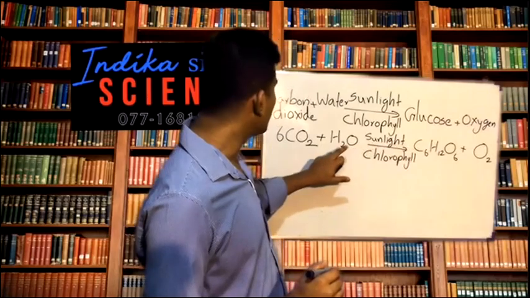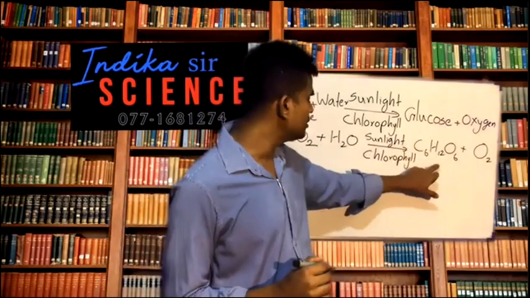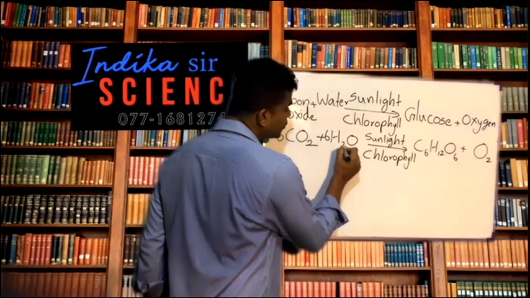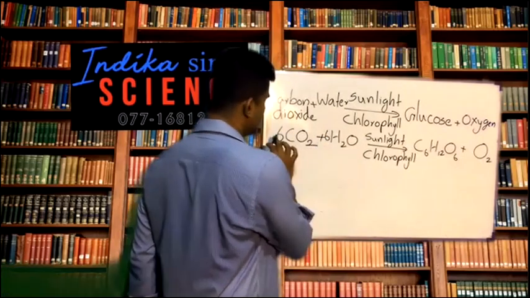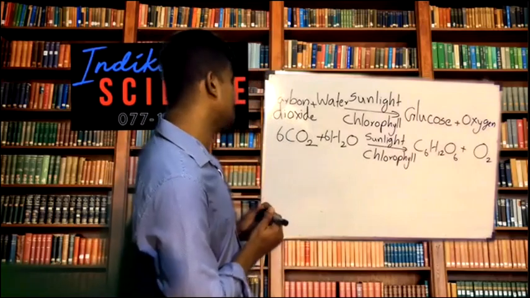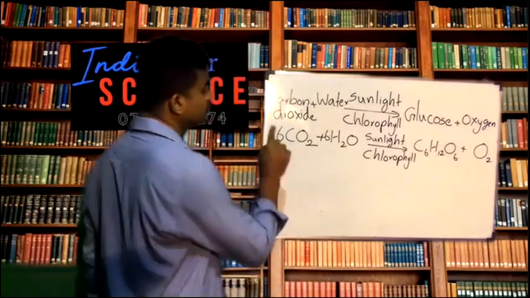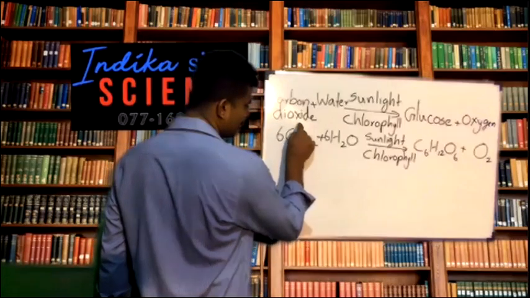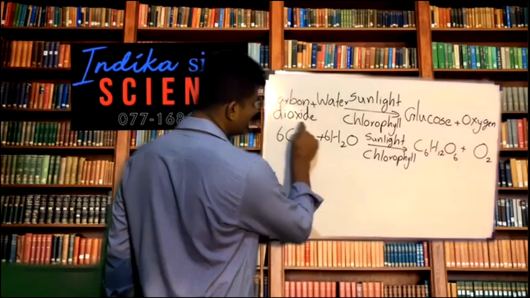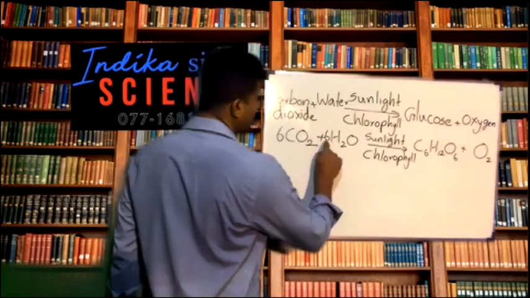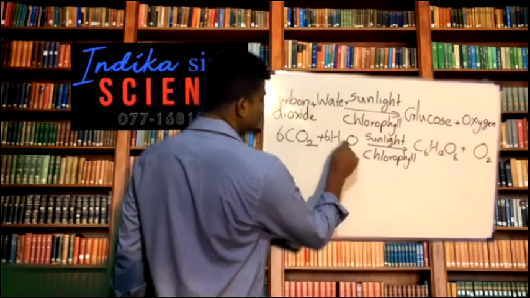In order to balance 12 hydrogen, 6 comes here, because 6 into 2 is 12 hydrogen. Now we'll check how many oxygen on this side. Look at this one. 6 into 2, this is 12 oxygen, and 6 oxygen.